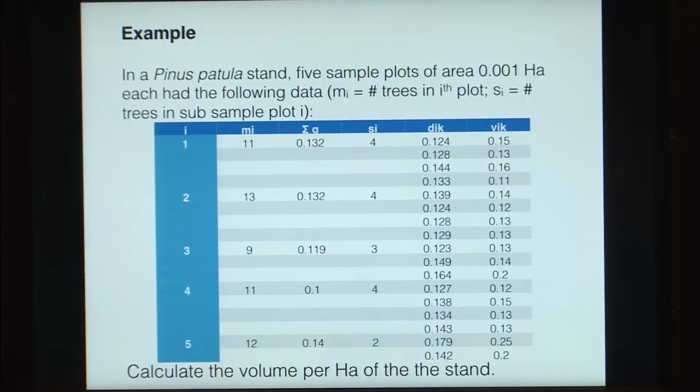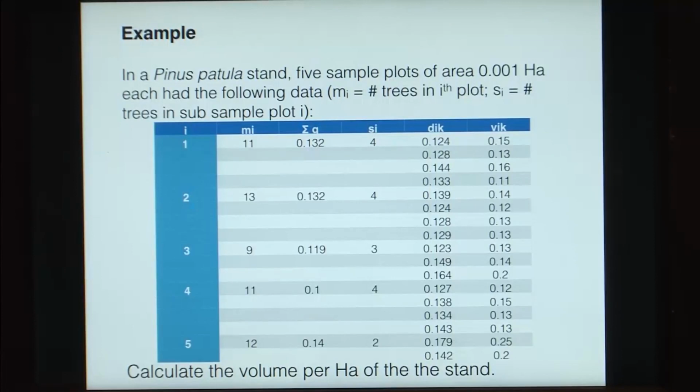Here it states that in a Pinus patula stand, 5 sample plots of area 0.001 hectare have been taken, and for each of these Mi is the number of trees in that sample plot, Si is the number of trees in the subsample plot, and we are given the values and we are required to calculate the volume per hectare of the stand.